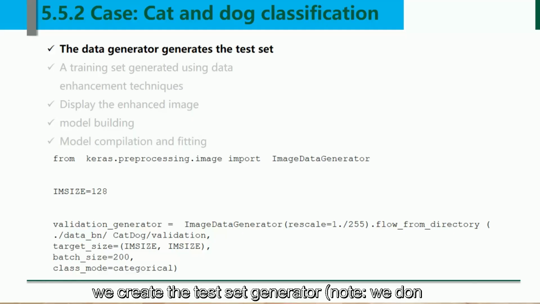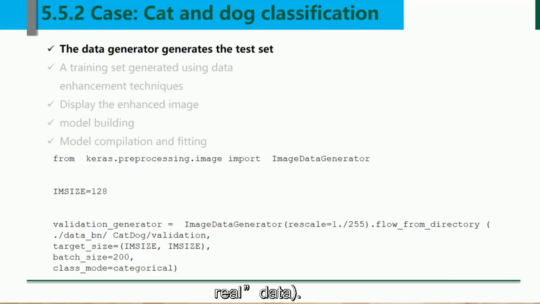First, we create the test set generator. Note, we don't augment the test set, we want to test on real data. The code is similar to before. Set im_size equals 128, same as last time, to keep consistency. Use ImageDataGenerator, rescale equals 1/255, only normalize pixels to 0 to 1, no other transformations.